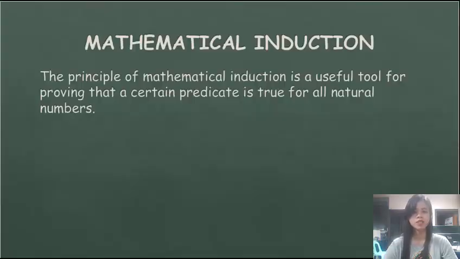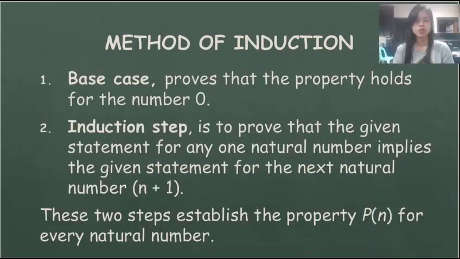So the principle of mathematical induction is a useful tool for proving that a certain predicate is true for all natural numbers. It cannot be used to discover theorems, but only to prove them. So guys, the method of mathematical induction requires two cases to prove.